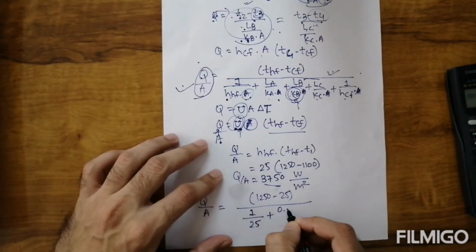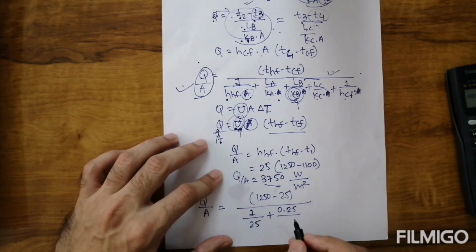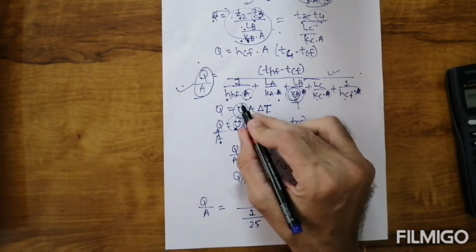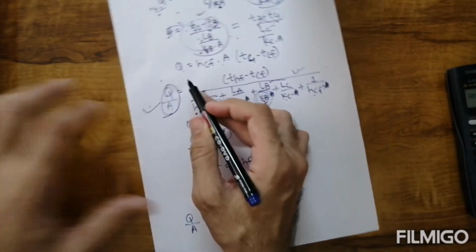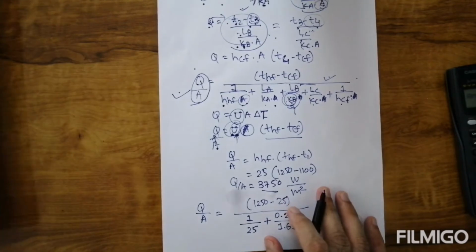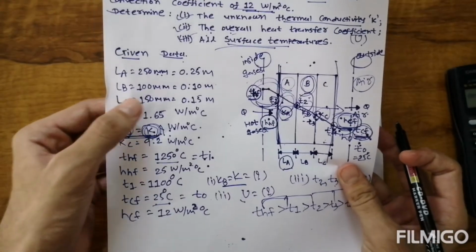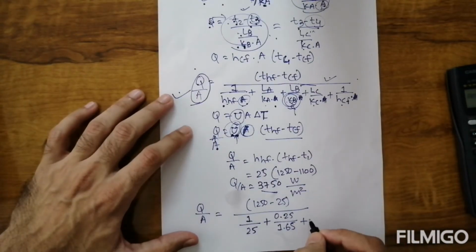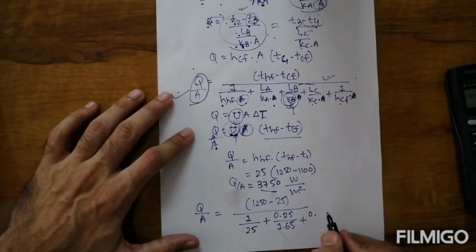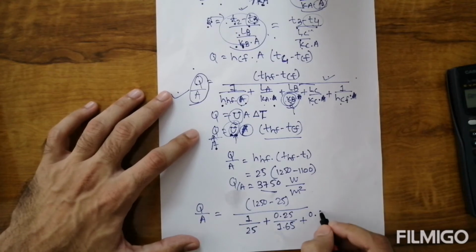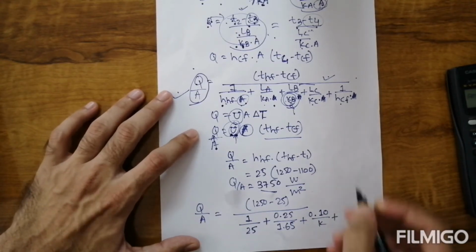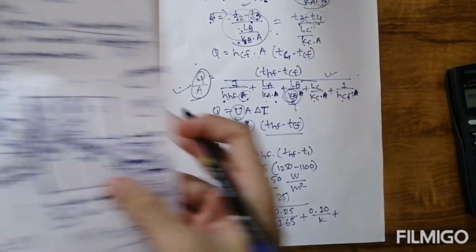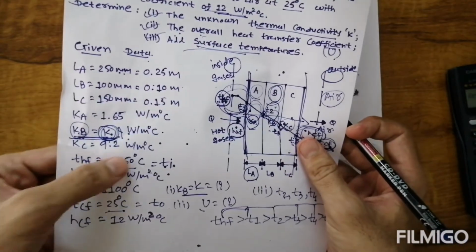So 0.25 divided by 1.65, plus LB by KB, because we are taking A common and this side will be considered. Already I told you, LB by KB. LB is 0.10 and KB means K. So 0.10 divided by K, plus LC by KC. LC is how much? 0.15, and KC is 9.2.